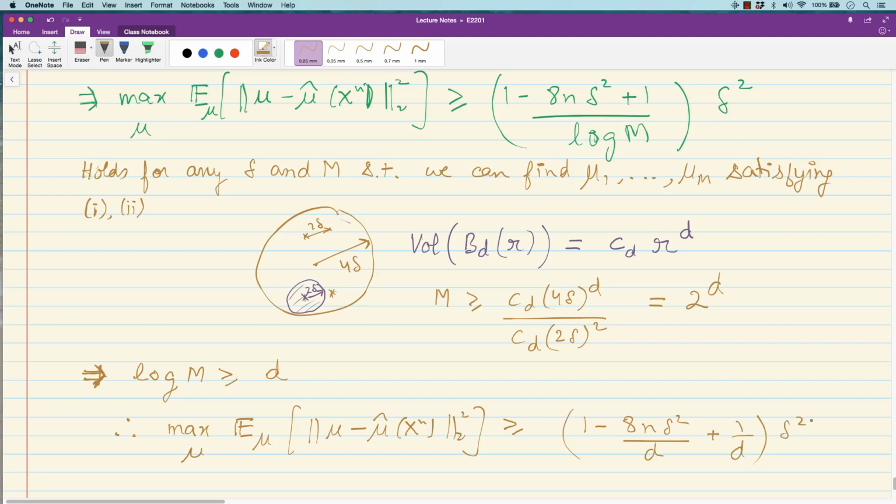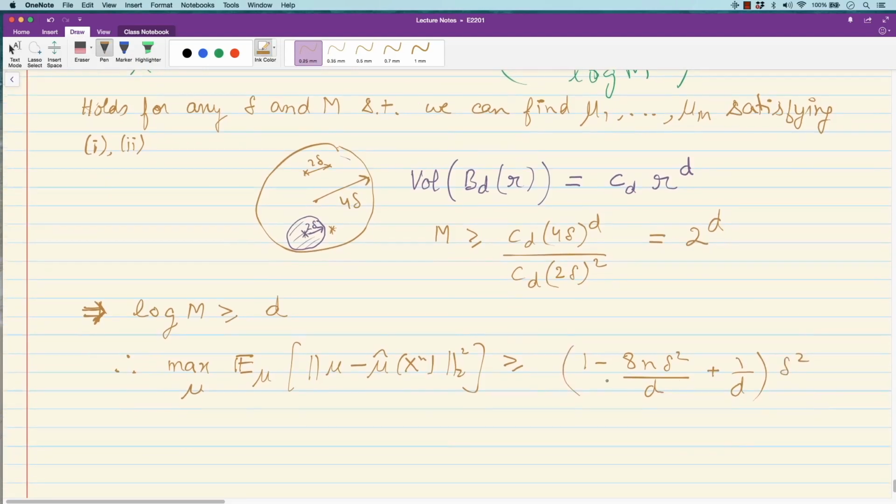And we can choose any delta we want now, delta less than 1, and the optimal choice of delta roughly is when this becomes a constant. Let's say we try to make it half, so we set delta such that 8 n delta square by d plus 1 by d equals half.